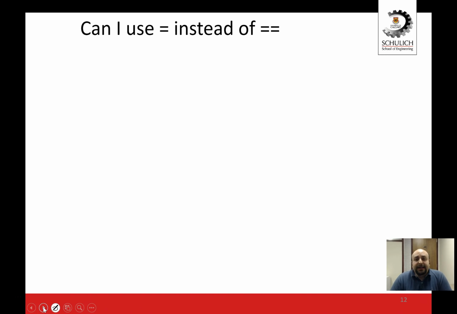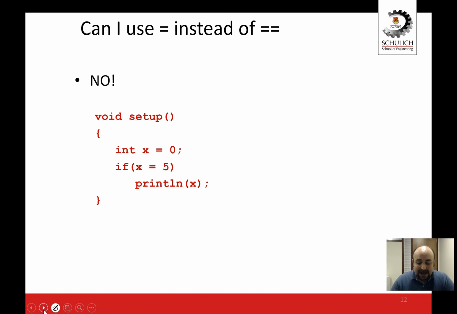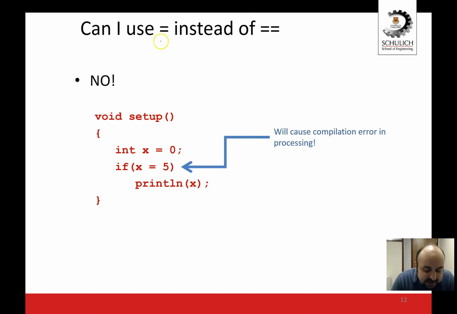A common error that occurs is, can we use one single equal sign instead of two equal signs? What do you think? Could you? The answer is a big no. Basically, if you assign x to 0 and you said if x equals 5, this in Processing is going to give you a compilation error. The reason is that a single equal sign is used for assigning a value to a variable.